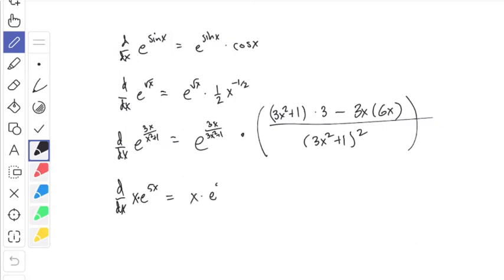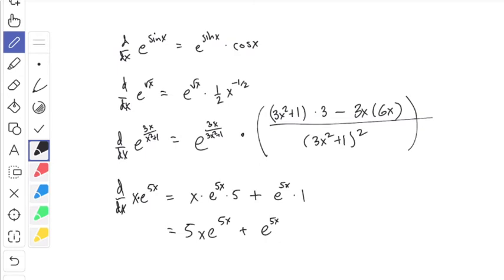So the derivative of e to the 5x is e to the 5x times 5, plus the second part, which is e to the 5x, times the derivative of the first part, which is 1. So this is 5x e to the 5x plus e to the 5x. Hope you got something like that. Great. These are all fairly simple, just reviewing our basic derivative tricks. Any questions about any of that?